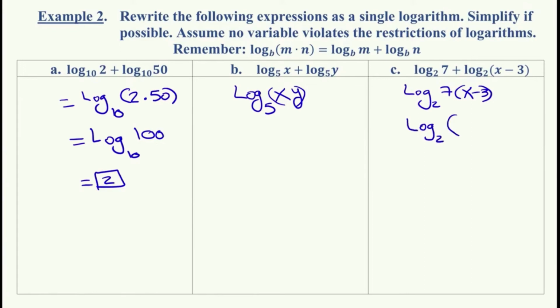Here you must use parentheses. So we get 7x minus 21. The reason for the must is that if you write log base 2 of 7x minus 21 without parentheses, others will assume that you take this log and then subtract 21, which is not what you want to be interpreted. So make sure that you use parentheses on that one.